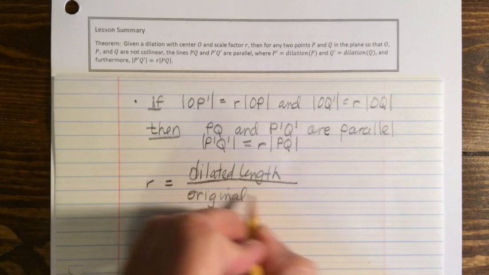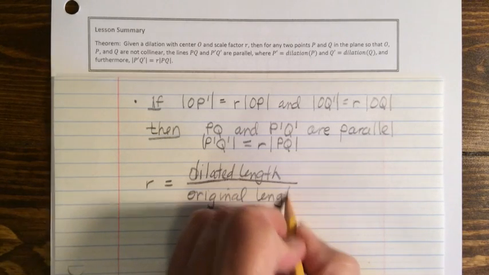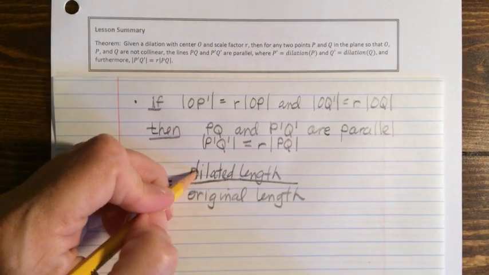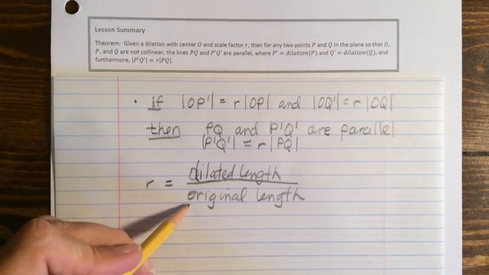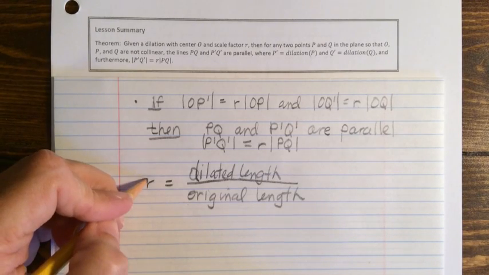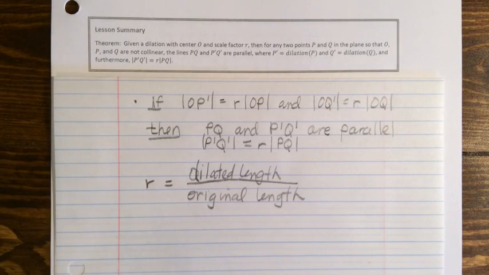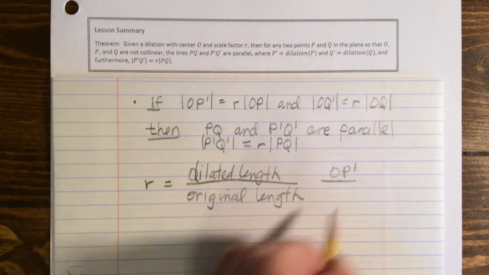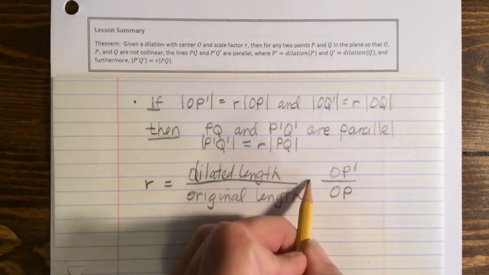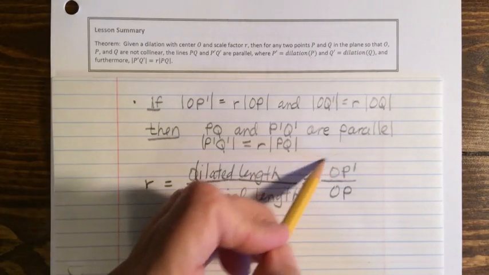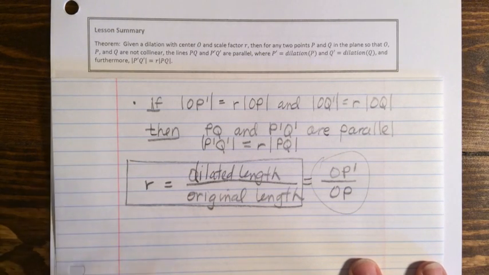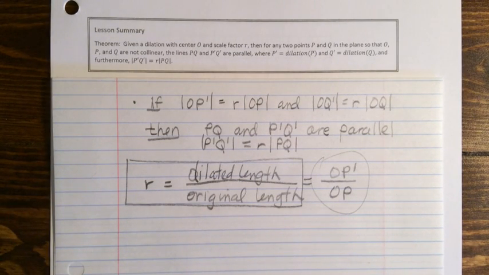You might want to write that in your notes, because if you need to calculate a scale factor, you can take any dilated length, compare it to the original length, and that will give you your scale factor. So this would be like OP prime and the original length being OP. This is just the general definition of scale factor with these dilations. Okay, have fun with that.